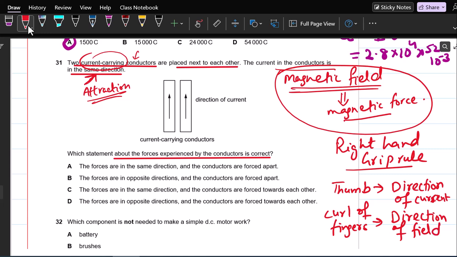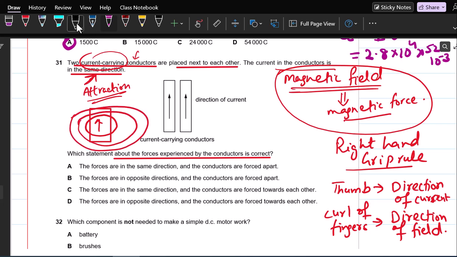So dear students, if I draw the magnetic field for one conductor, the thumb should be upwards and the curl will occur in the anti-clockwise direction, like this. So direction is important, like this.